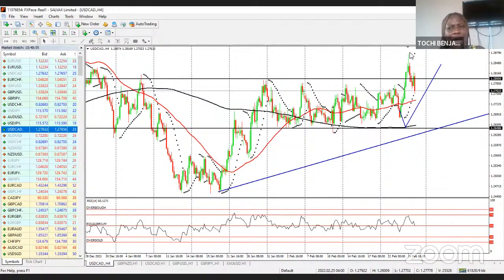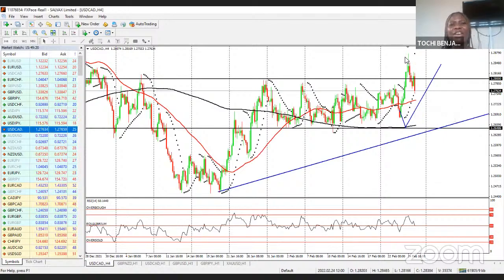Now that it is broken, I can't tell you to start buying here. This is not a buying region. It has broken. Wait for price to come back and retest a broken zone. I told them yesterday, at the end of the day, if the whole matter quenches today, or the whole heat goes down, don't be surprised that this price will fall back into this range.